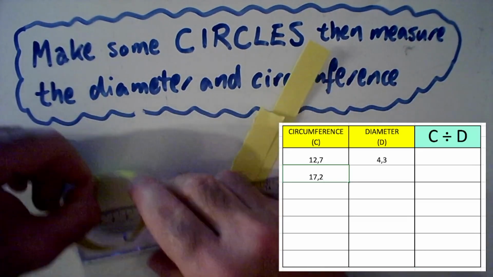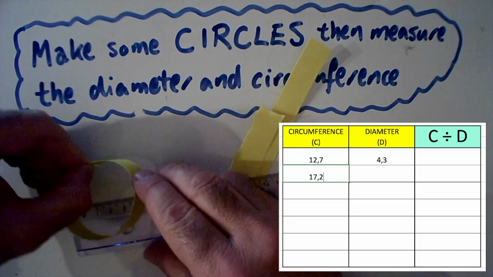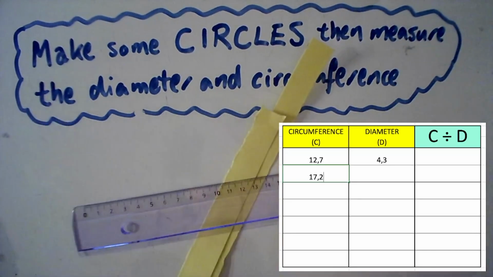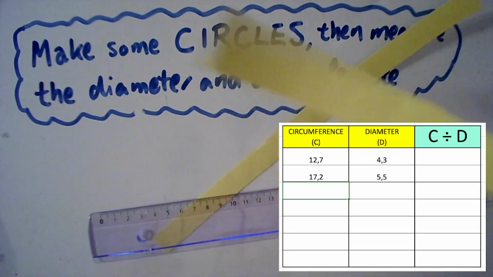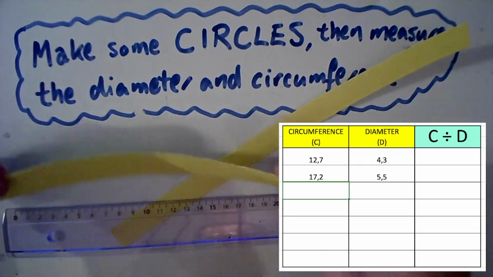So try and get it as round as possible and measure it at the widest point. Yeah, I'm making that about 5.5. It's very imprecise, but if a lot of people do this, then we should start to see some kind of pattern to this.